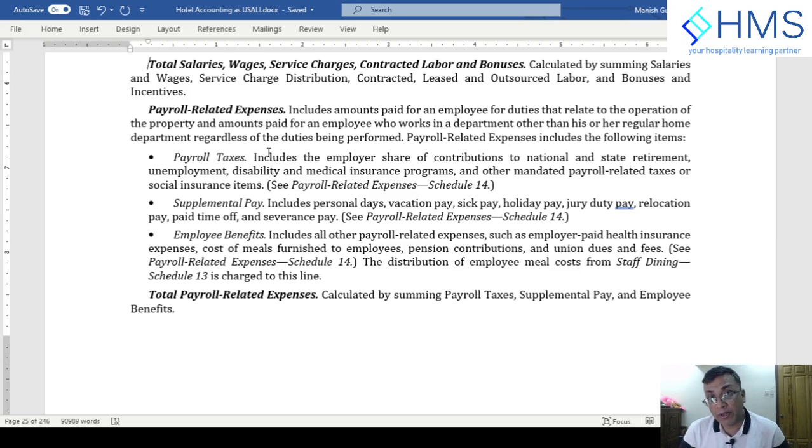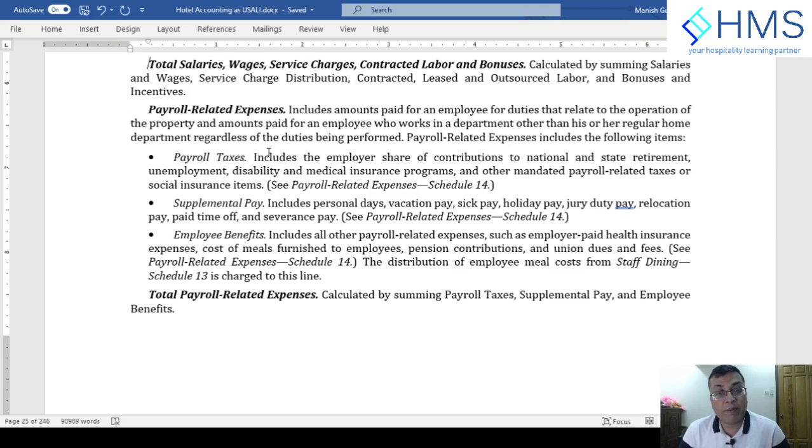Not the voluntary insurance that the company has taken. So the voluntary insurance would be considered as employee benefits rather than payroll tax, but the contributions charged by the government are going to be the payroll tax. Sometimes the company is paying the payroll taxes, gross up taxes of the employees, so that also can go here or in the employee benefits.